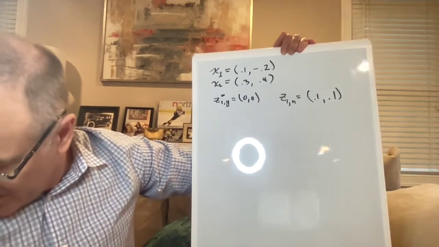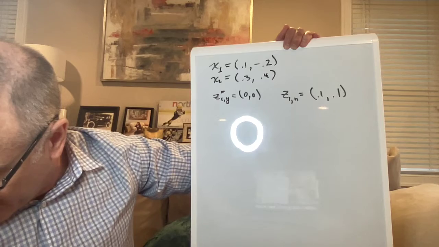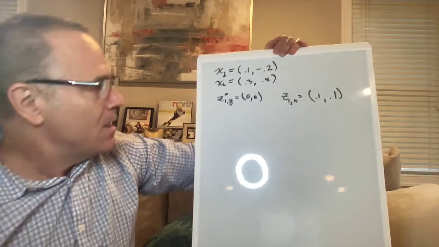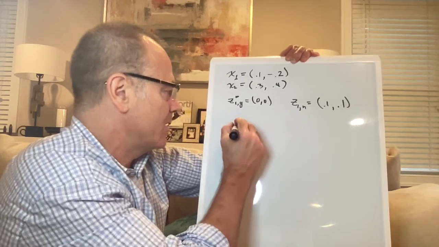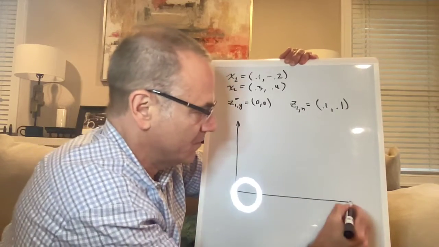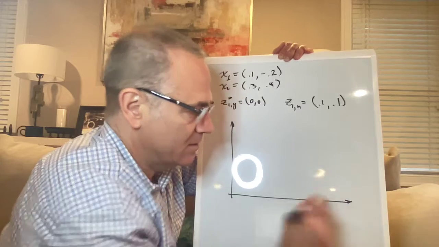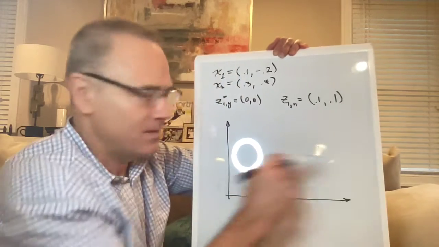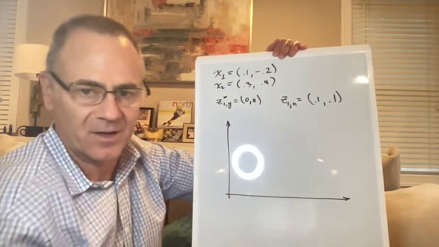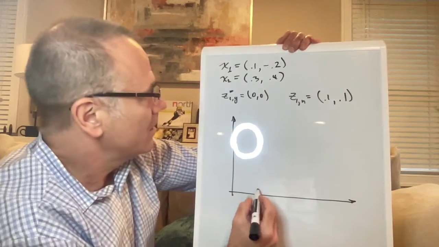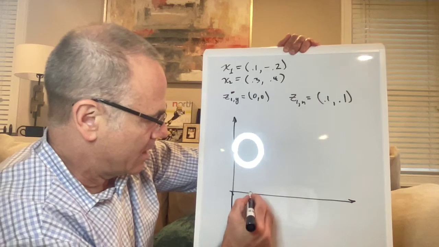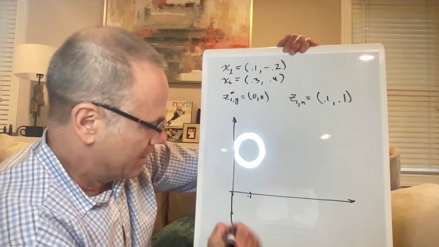But here is what I'm going to do now. Let me just graph all these on a two-dimensional space. So this is dimension 1. This is dimension 2 on the Nominate scale. Person 1 was at 0.1 and negative 0.2.